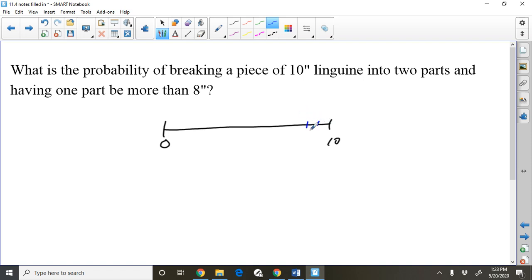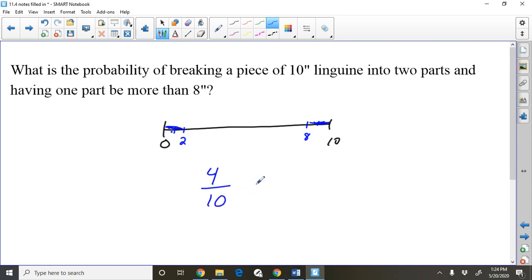I need to cut somewhere between 8 and 10 because that would make this other piece more than 8 inches, or cut between 0 and 2 because that would make this side more than 8 inches. When I figure out which of those regions are my positive outcomes, my probability is the length of the outcome I want, which is 4 out of the total length.